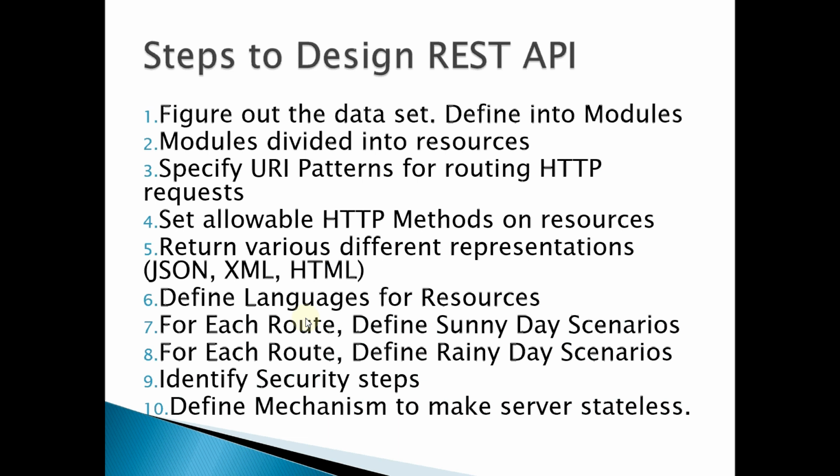Ninth is the identification of security steps that need to be implemented to complete our REST API to avoid any unforeseen circumstances. So we normally define the security steps that will be required to access our REST API. The last point, we will define the mechanism to make our server stateless.